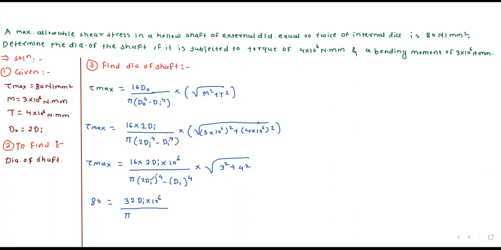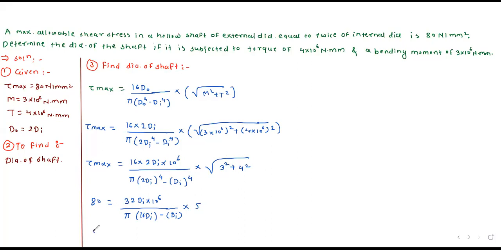What is the value of 2 raised to 4? 16. So 16 Di minus 1 Di raised to 4.